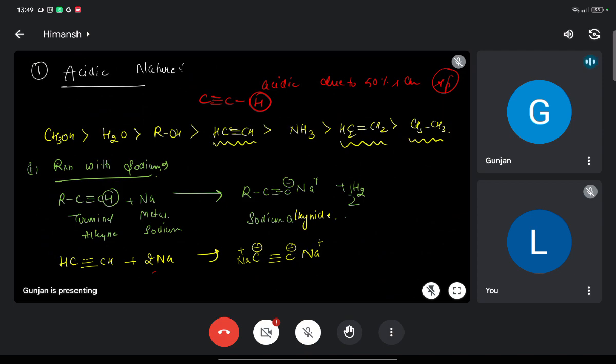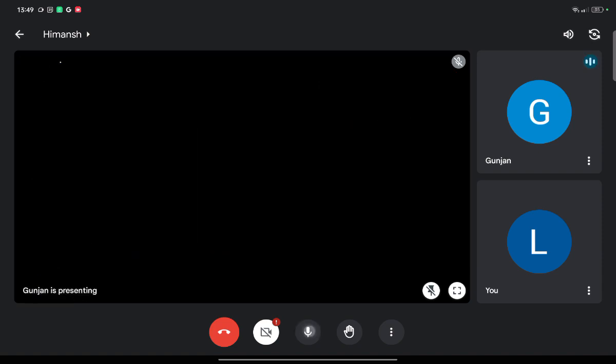If we want to extend it to obtain higher alkynes, we use this reaction. Then, Himansh, is it clear? Yes ma'am, clear ma'am.